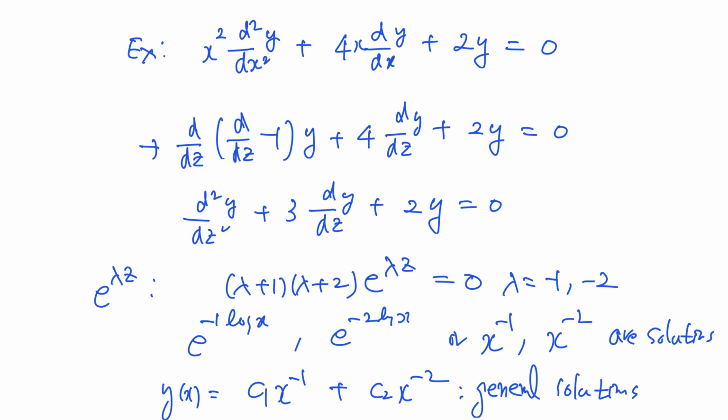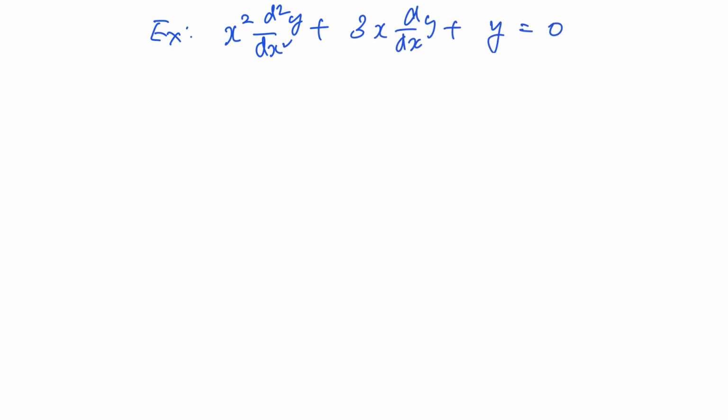Another example. x squared d squared y over dx squared plus 3x dy over dx plus y is equal to 0.